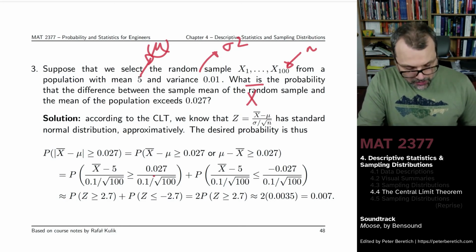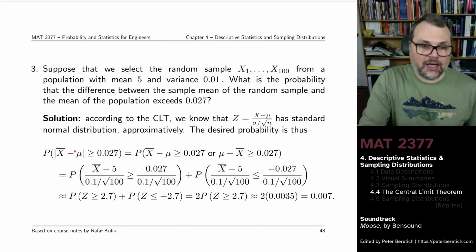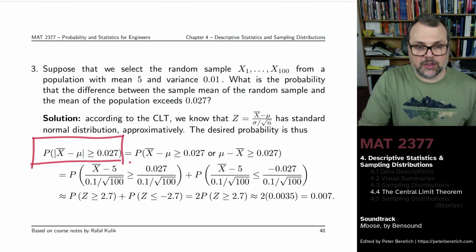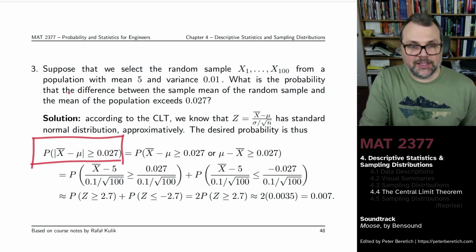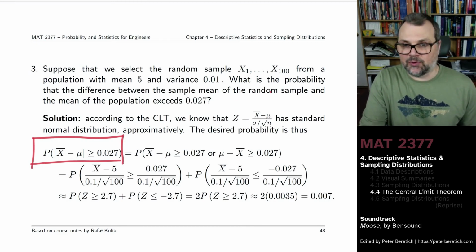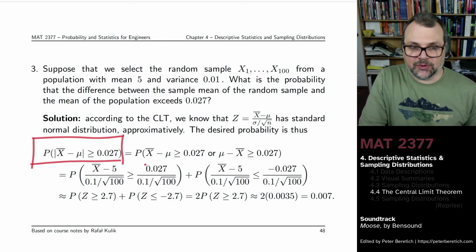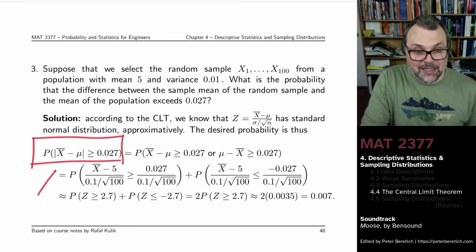The only hard part about this question is actually figuring out what probability we're trying to compute. We need to translate that statement. What is the probability that the difference between the sample mean of the random sample and the mean of the population exceeds 0.027? It is this statement here.